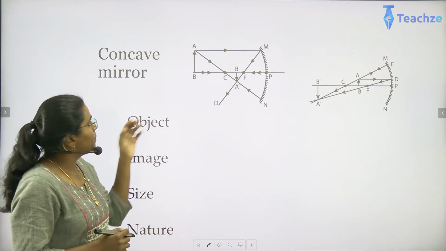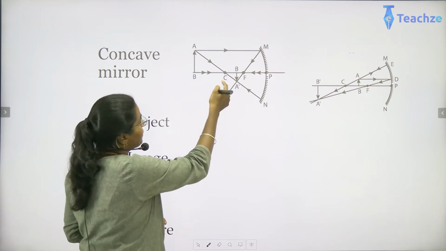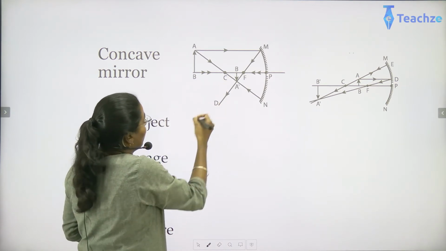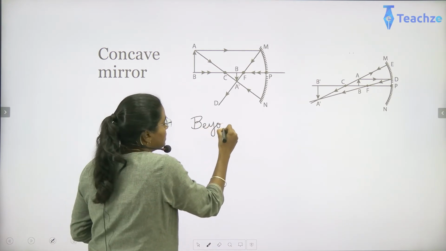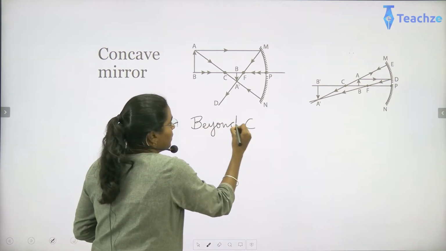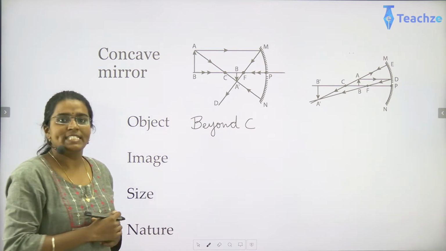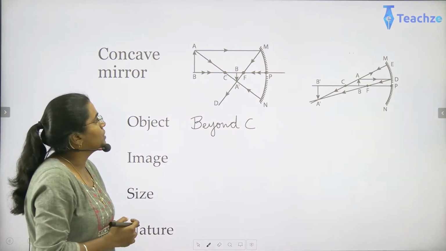Now I keep my object between infinity and C, or I can say I have kept my object beyond C, the center of curvature.